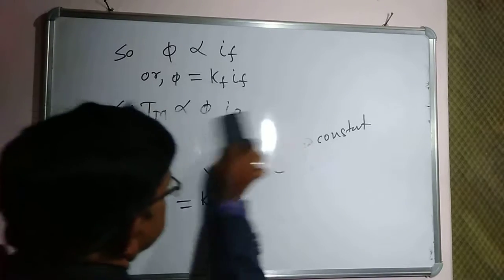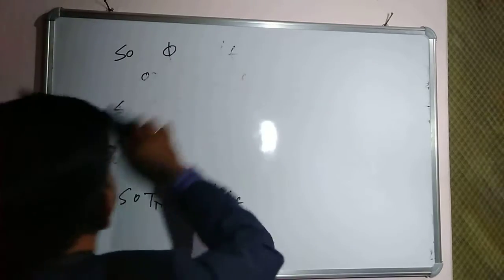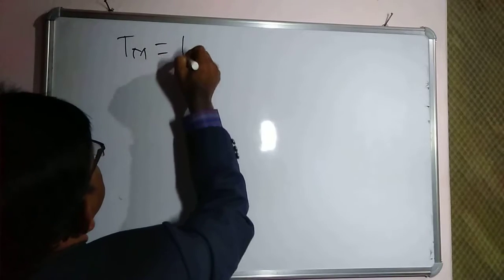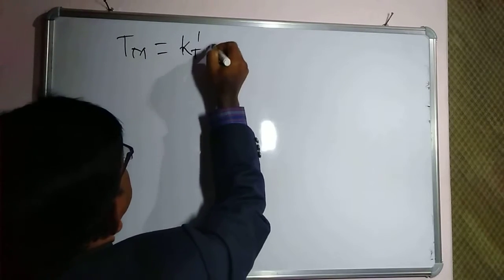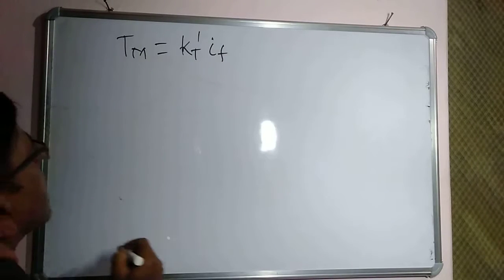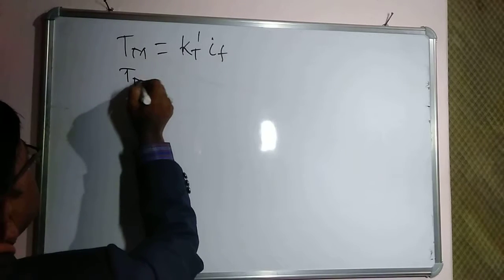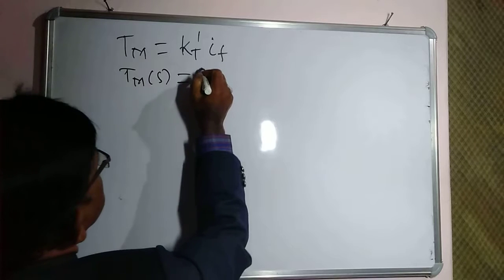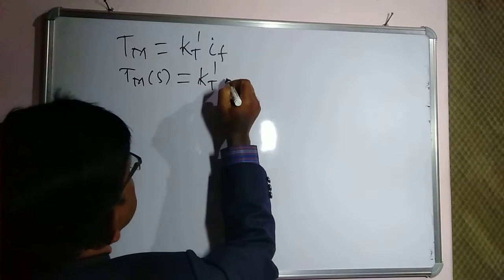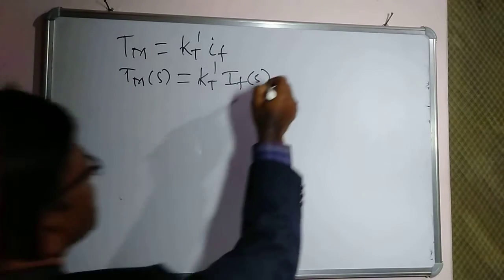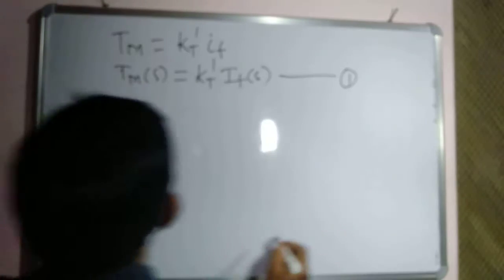So this is the torque equation, that is Tm is equal to Kt dash into If. If we take the Laplace transform of this equation, therefore Tm of s is equal to Kt dash If of s. So let us assume that this is equation number 1.